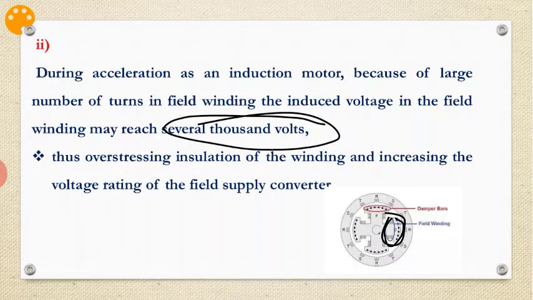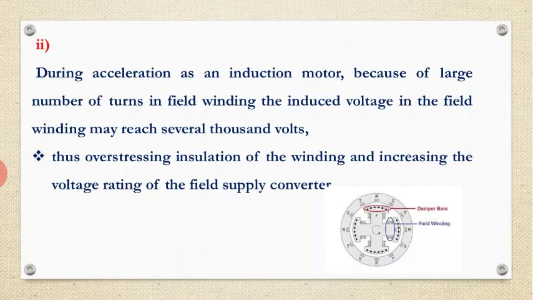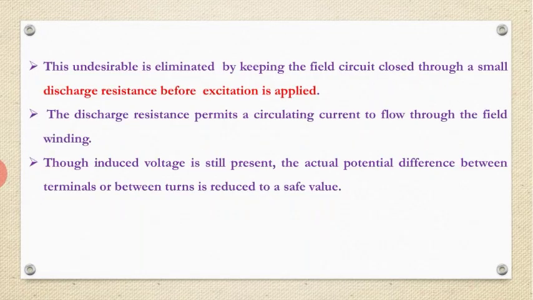So that much voltage is induced because the rotor is rotating, thus overstressing the insulation of the windings and increasing the voltage rating of the field supply converter. This is undesirable.